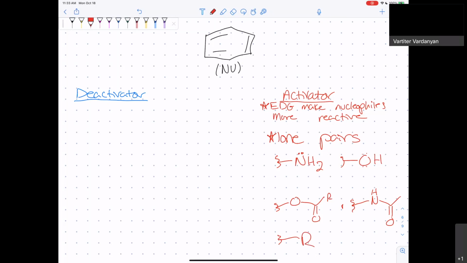All right, so for deactivators, we want electron withdrawing groups because they make the nucleophile less reactive. And does anyone remember any deactivators? Halogens, okay, cool.